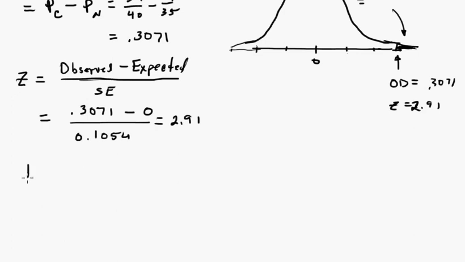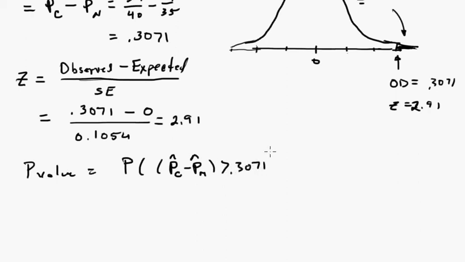So the p-value is equal to the probability that the observed difference, p hat C minus p hat N, is greater than 0.3071.